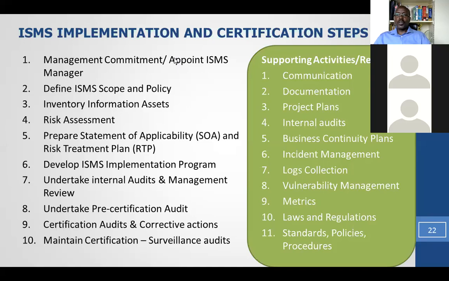You have to collect your logs and all that. You have to collect your metrics. We'll see later how we can collect metrics and what can guide us. You have to be reviewing the laws and regulations that affect your environment, and of course you have to have the standard itself. Part of the requirement to get certified is to actually have the standard, and also you have to put in place your policies and procedures.